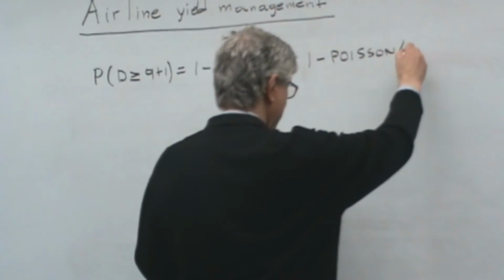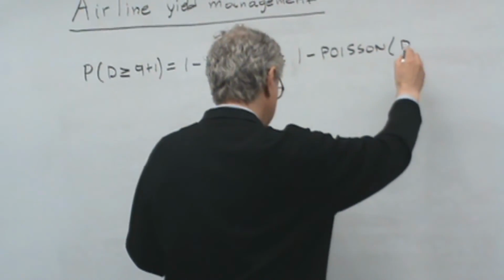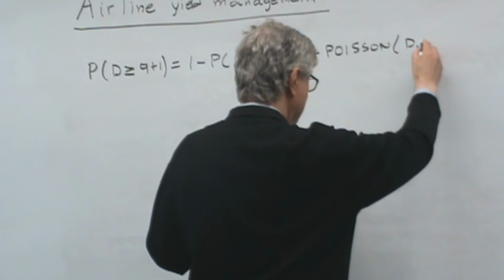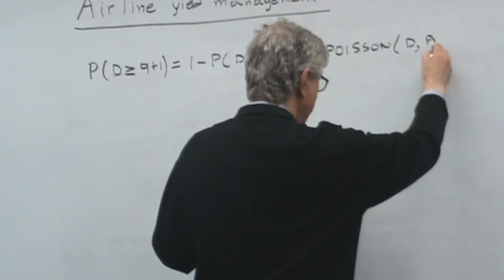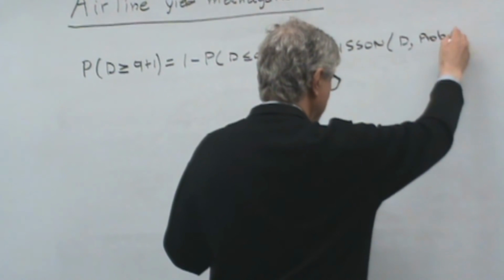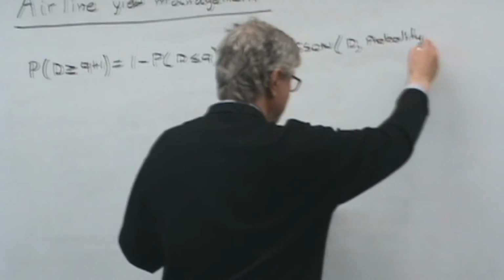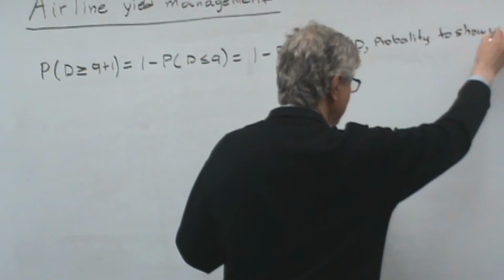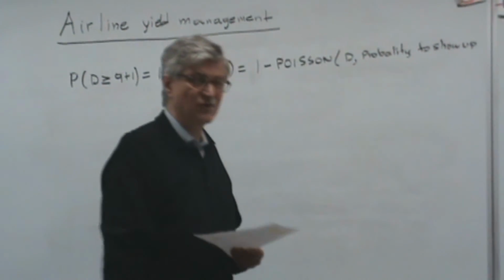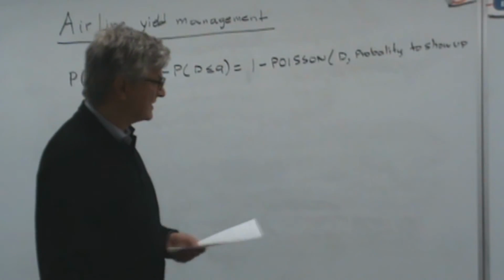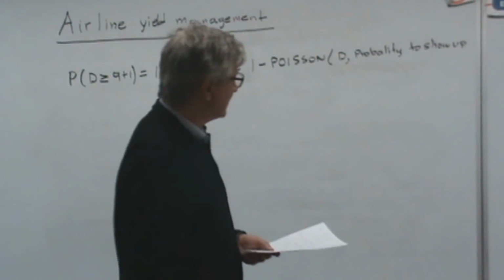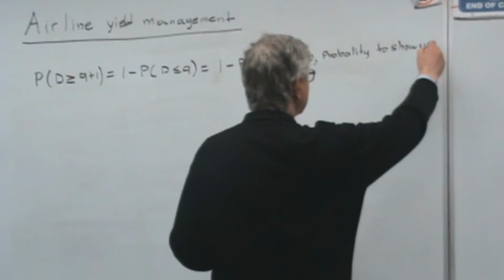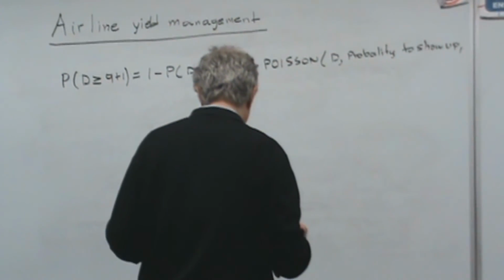One is the value of the demand D, then the probability to show up, the extra customer that will show up, and that probability in our example is 0.8, okay?